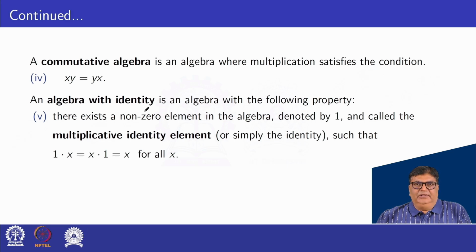An algebra with identity is an algebra with the following property. There exists a non-zero element in the algebra denoted by 1, called the multiplicative identity element or simply the identity, such that 1 into x equals x into 1 equals x for all x belonging to the linear space.